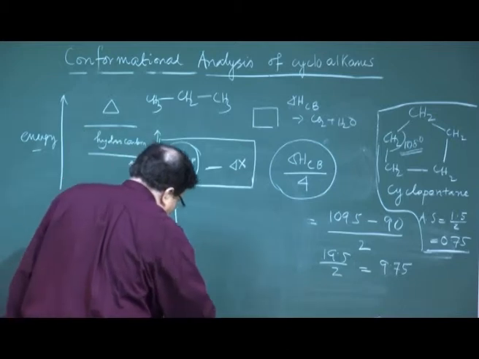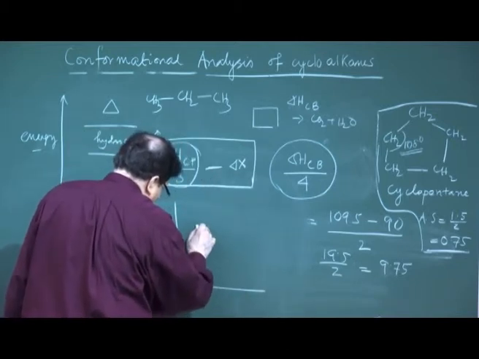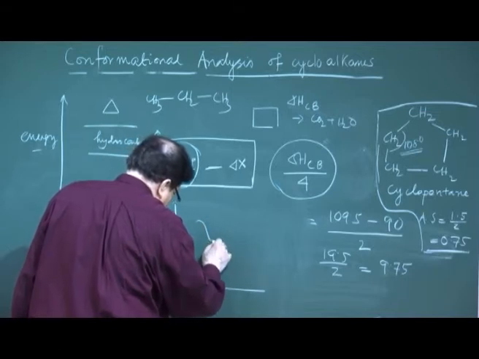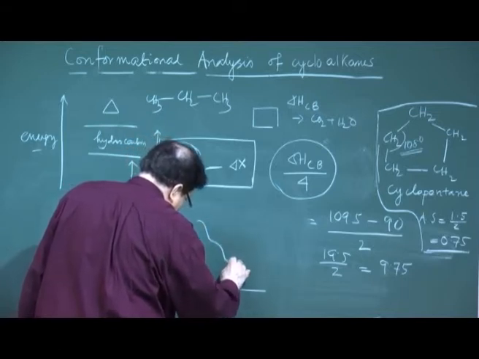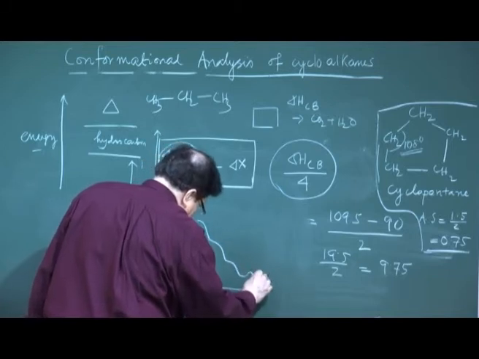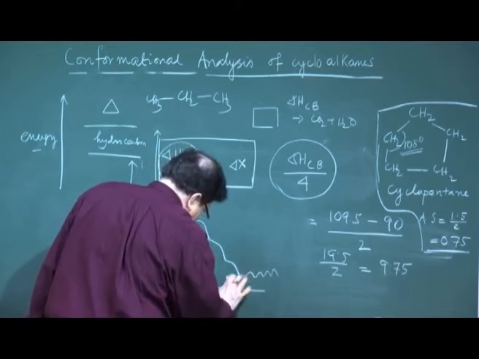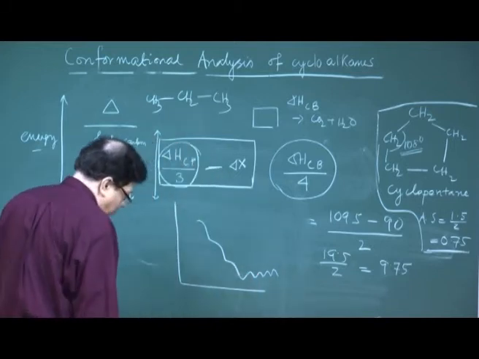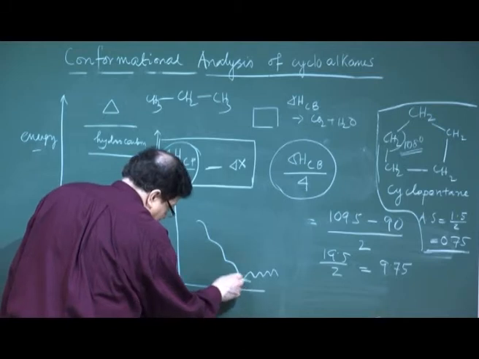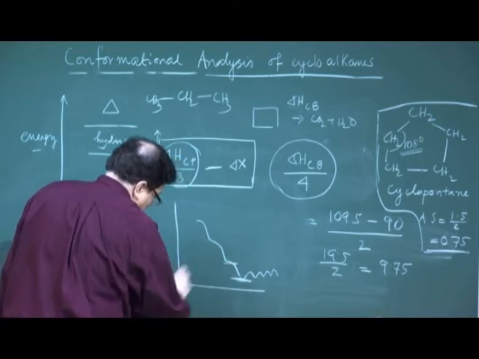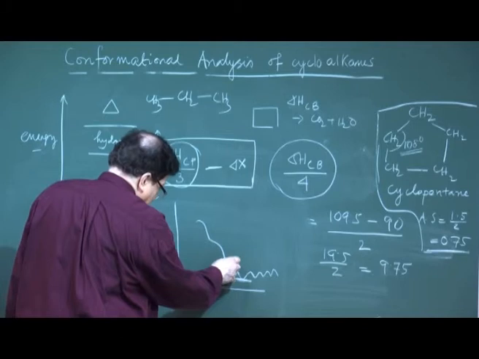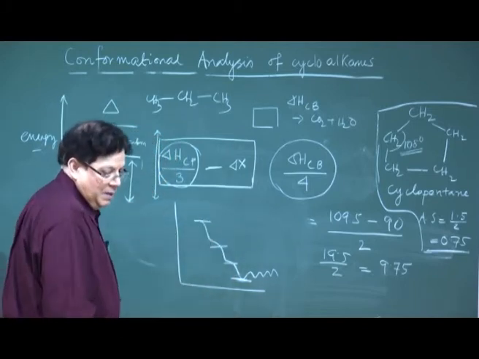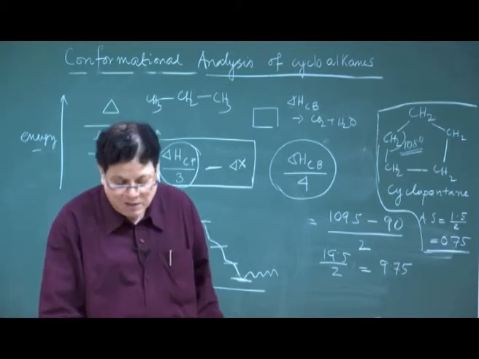If cyclopropane is here, then comes cyclobutane, then cyclopentane, then cyclohexane, and then it just fluctuates like this. But this should actually be the bottom line, the minimum point. So, this is cyclohexane, this is cyclopentane, this is cyclobutane and this is cyclopropane.